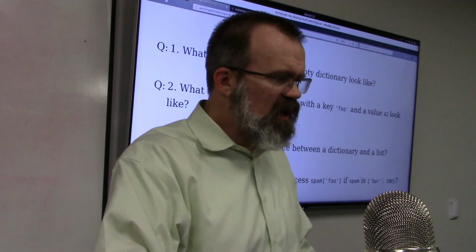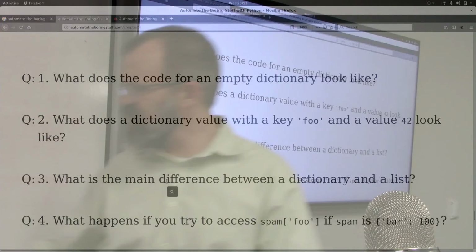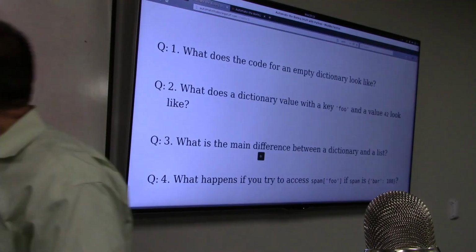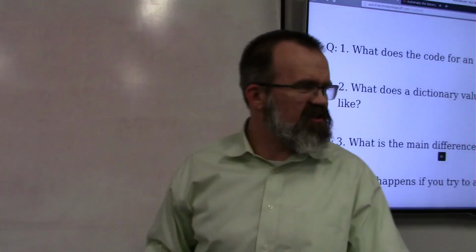Okay. What does a dictionary with a key of foo and a value of 42 look like? And because it's just so hard to see things that are shouted out, I am again going to convert this into a multiple choice question.